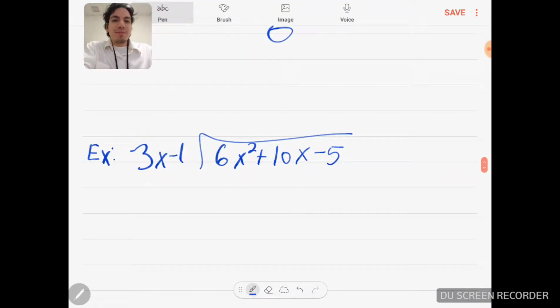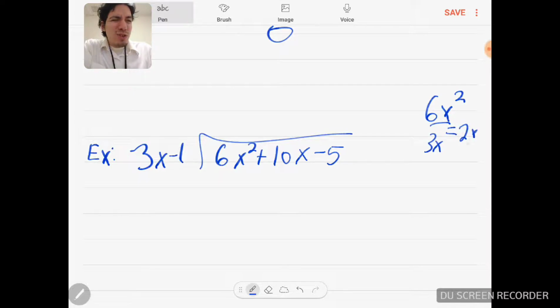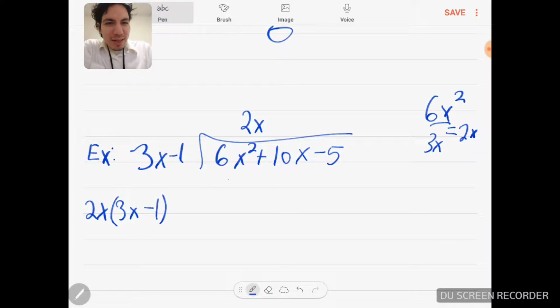Let's try another one. So therefore, what's the first term I'm going to get when you look at this? So you're going to take 6x squared, divide that by 3x, you get 2x. So we have to take 2x, and we're going to multiply that into our divisor. And then I get 6x squared minus 2x.